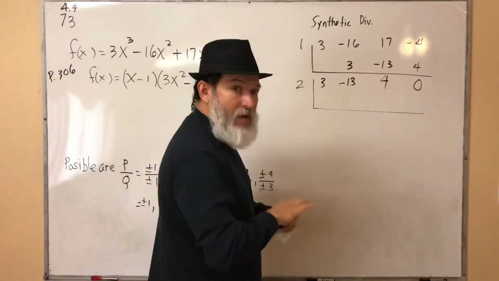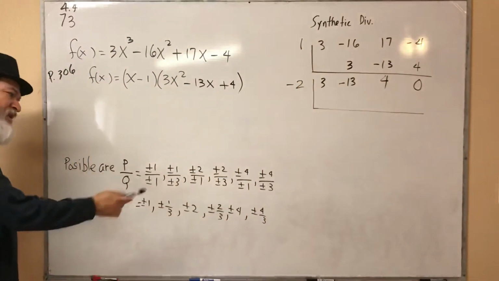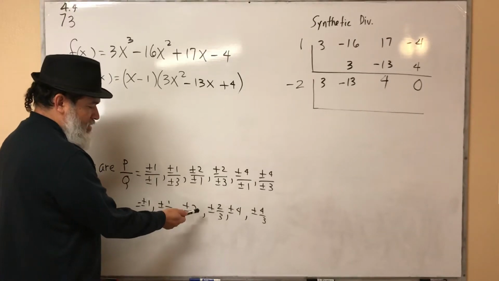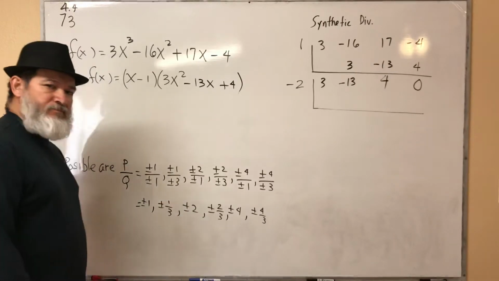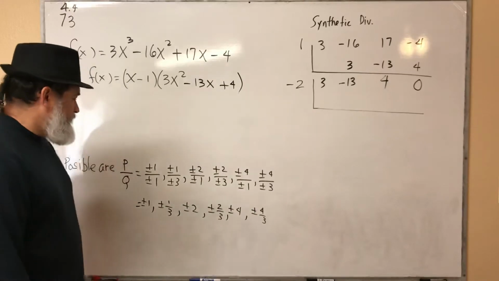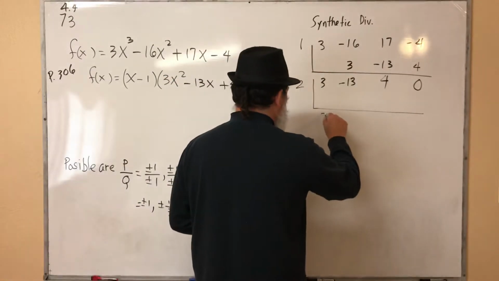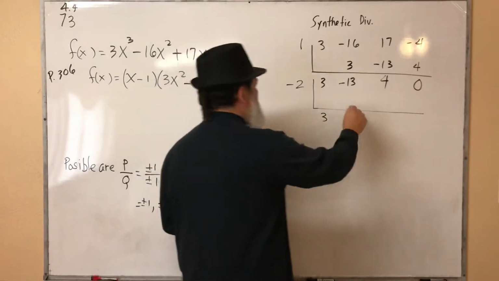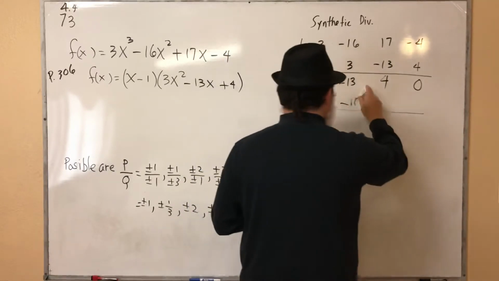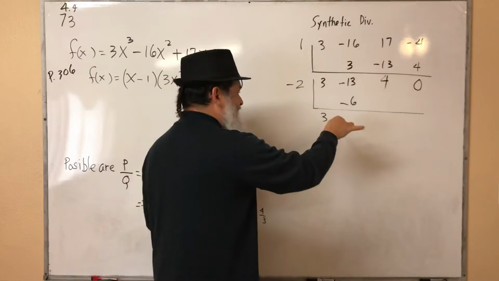Let's try -2 now. I'm going down the list, but I want to try the whole numbers first. Bring down a 3. Multiply. Add.